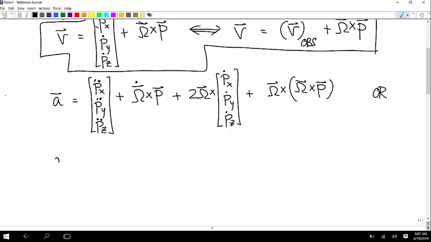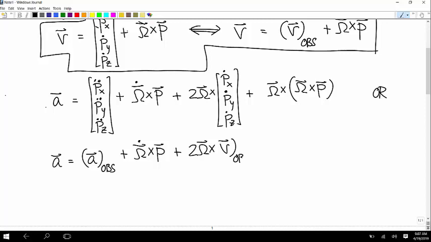Or equivalently, the acceleration is equal to the observed acceleration plus capital omega dot cross p, plus 2 times omega crossed with the observed velocity, plus omega cross the quantity omega cross p.